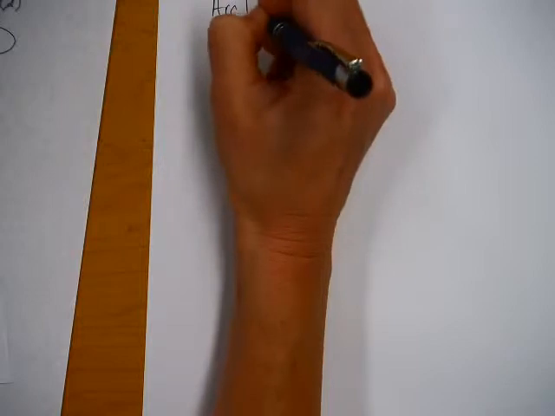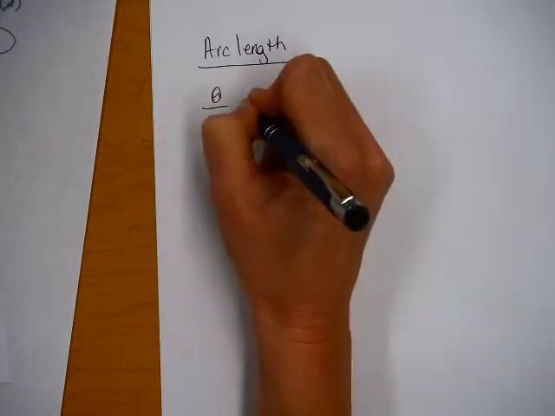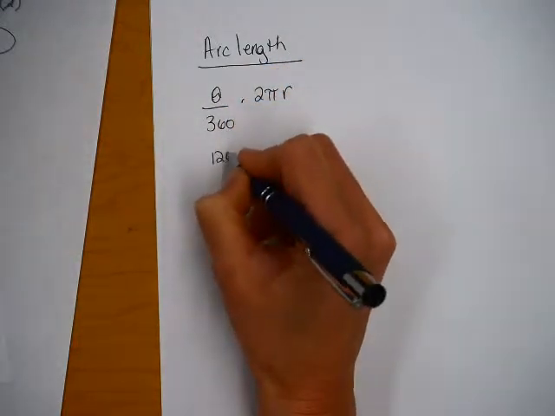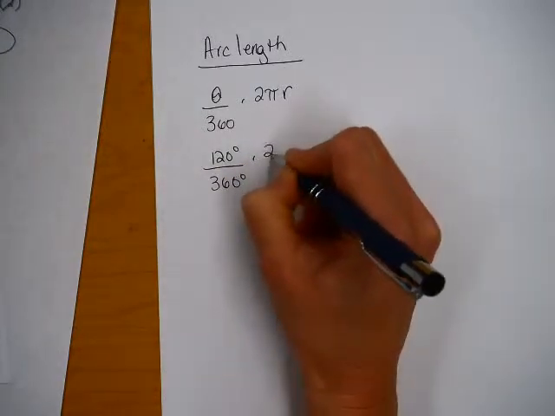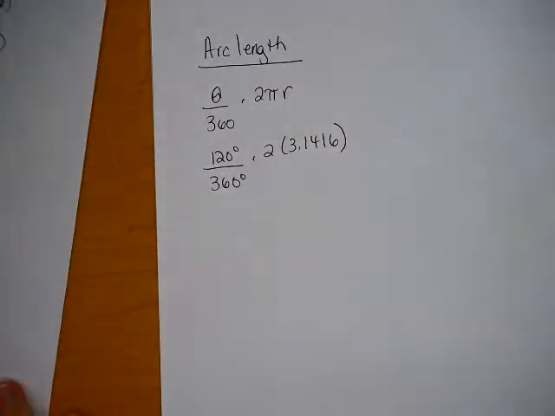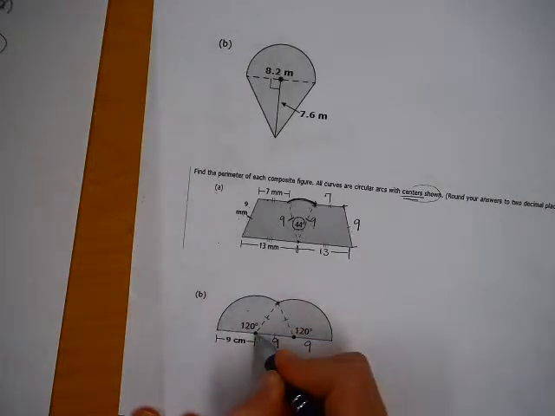again, that's on that formula sheet. If you've not printed that out, you need to do that. Theta divided by 360 times 2 times pi times radius. And our theta this time is 120 degrees divided by 360 times 2 times 3.1416 times, now let's talk about the radius of this, either from here to here, or it's the same thing as from here to here, would have to be 9.